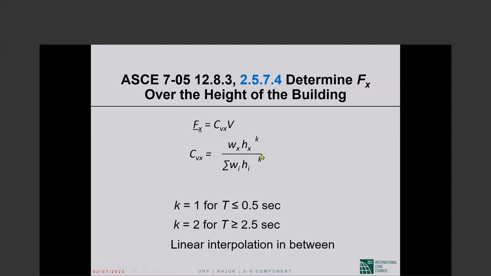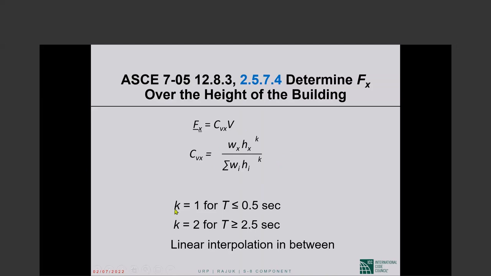Here is that distribution. The lateral force at floor level X, which is denoted by capital F sub X, is a coefficient times the design base shear V, and the coefficient is given by this equation. W sub X is the seismic weight at floor level X. H sub X is the height of floor level X above the base.